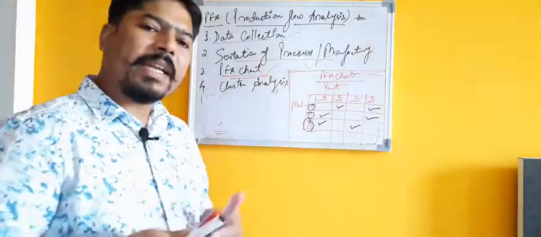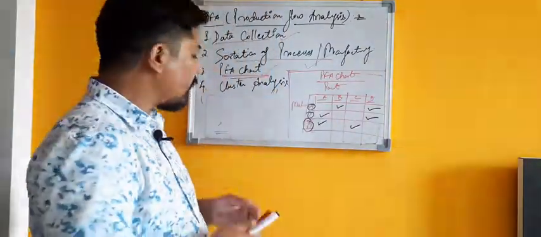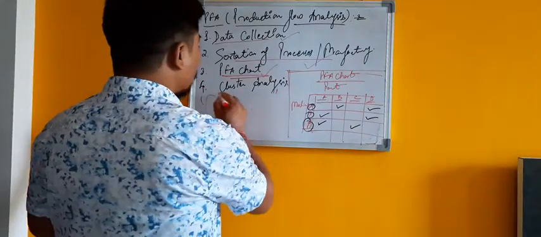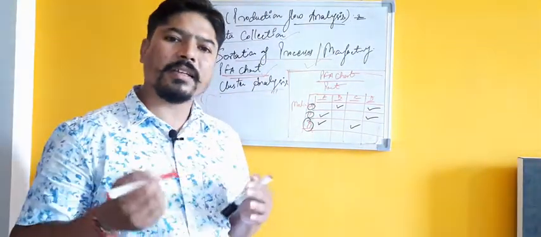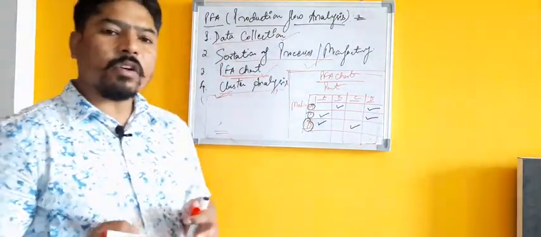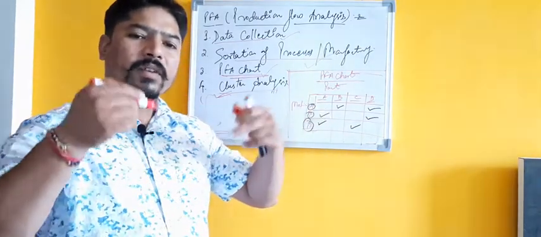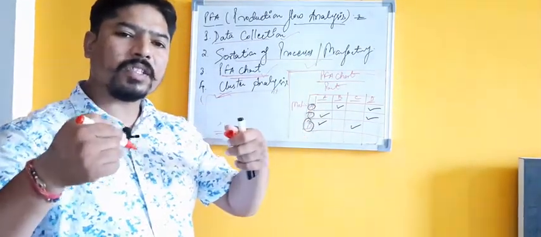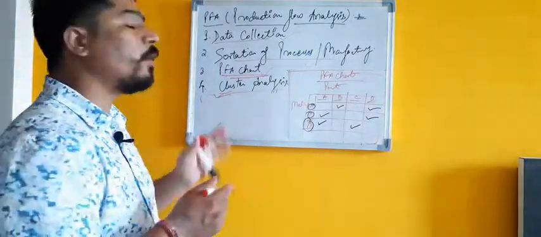Once you create a PFA chart for different route sheets and different production plans, after that you have to do a cluster analysis. Cluster analysis is an analysis of different shop floors, different production route sheets, different production layouts, different sets of machines, different cells or clusters of machines in your production system.